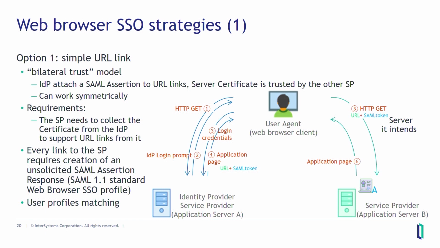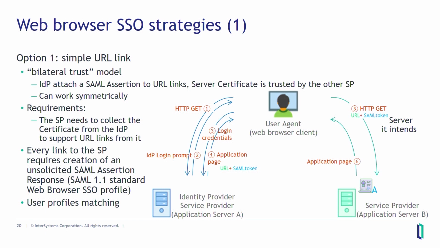And after some time, maybe you want to navigate to your other application B. And what's going to happen is that you're going to have a link somewhere in your first application that's going to produce this SAML token that's going to give the user, the end user in the browser, a redirection instruction containing this SAML assertion, and you're going to use this to go to the other application and automatically log in.